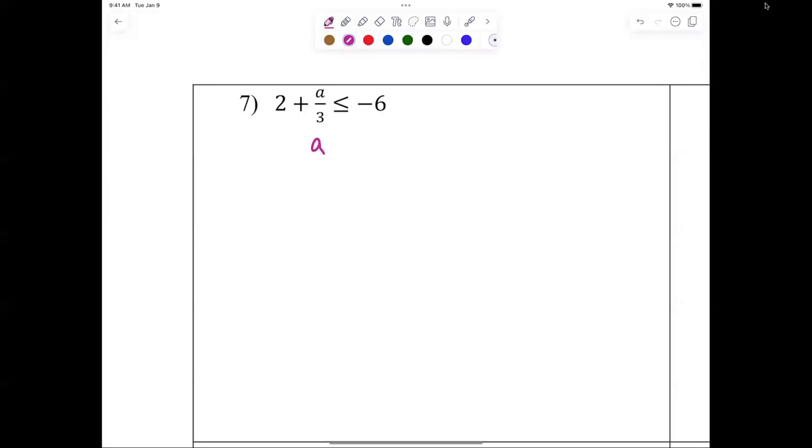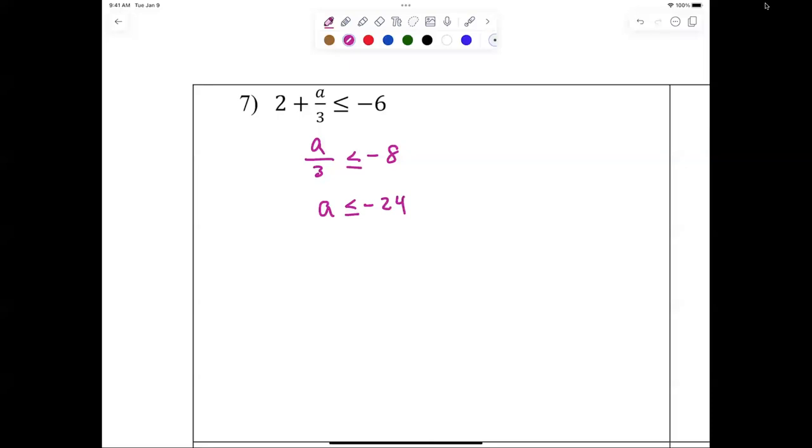Subtract 2. A over 3 is less than or equal to what? Negative 8. Now, how do I get rid of dividing by 3? So A is what? Less than or equal to what? Negative 24. Now, those of you who can do without a number line, you should just say, hey, I'm going less than negative 24.